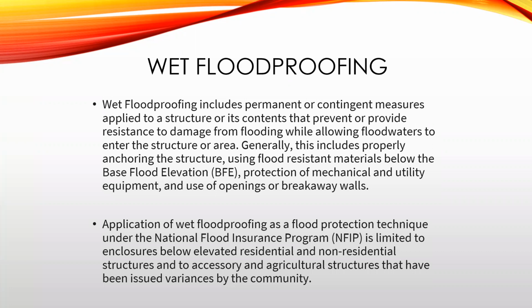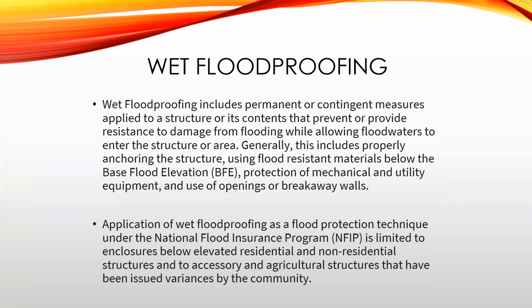And so I'll talk about when this is an appropriate measure to use in a structure as far as the NFIP, when we can authorize it. It's limited to enclosures below elevated residential structures and then non-residential structures as far as agricultural structures and accessory structures. So those specifically, those two.